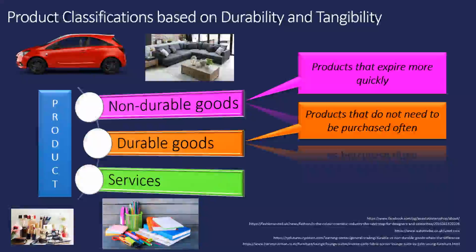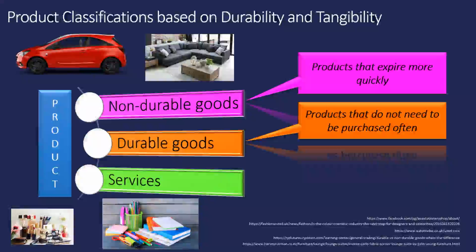If the things that you own can stand for more than 3 years, it means they do not need to be purchased often, so they belong to durable goods. Meanwhile, goods that can stand for less than 3 years belong to non-durable goods.